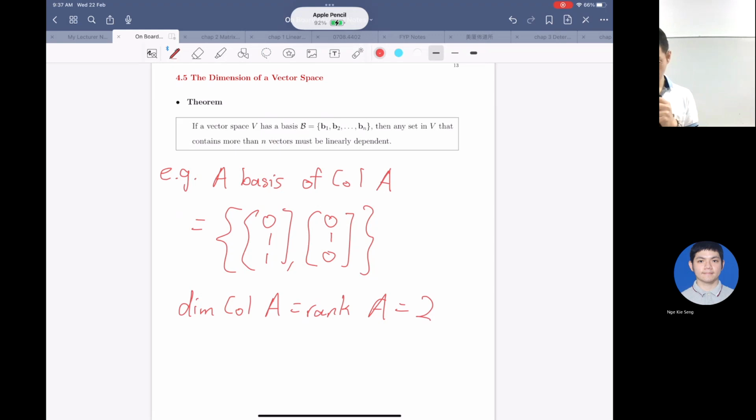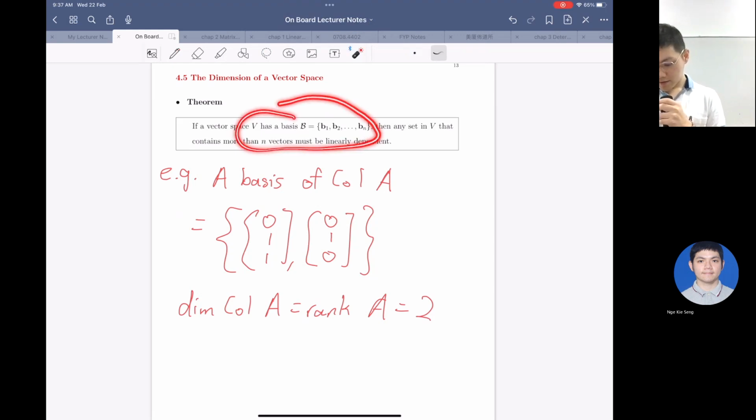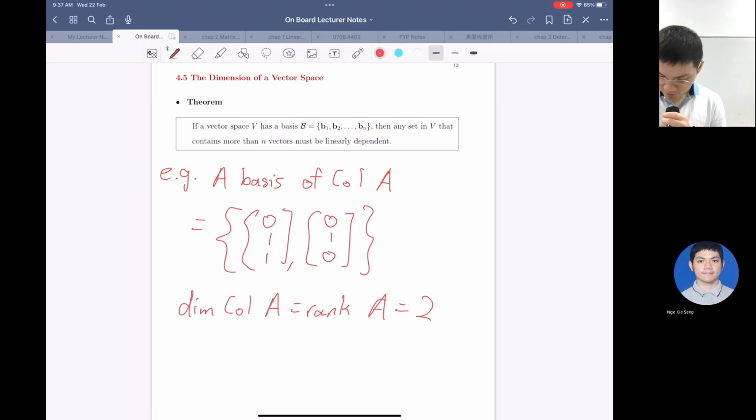So let's say we have a vector space V with a basis B1 up to Bn. Then the dimension of V is equal to n. We just count up to n.